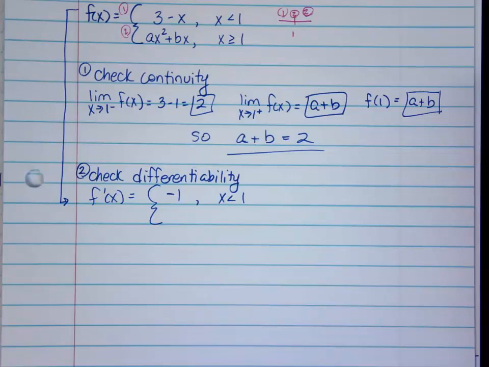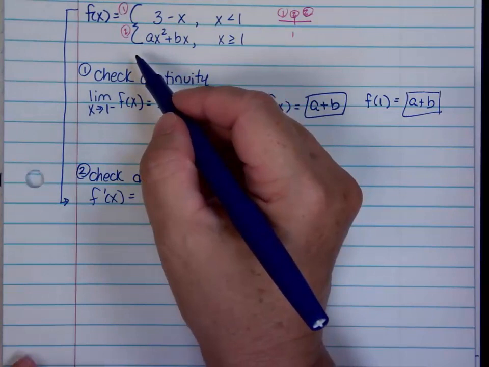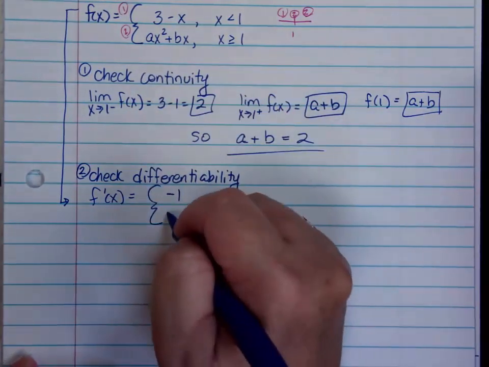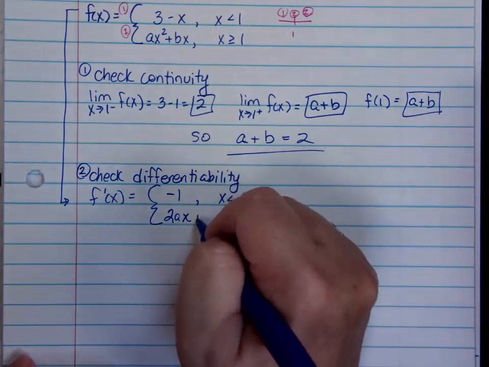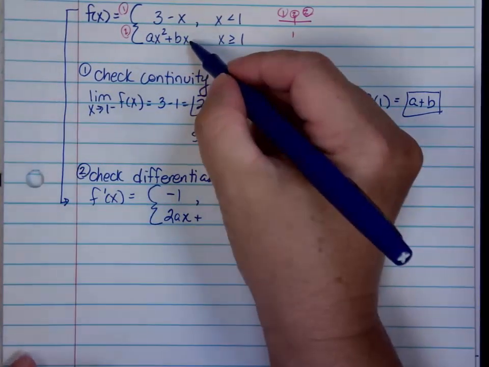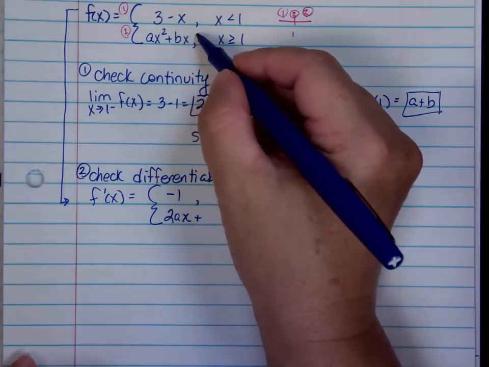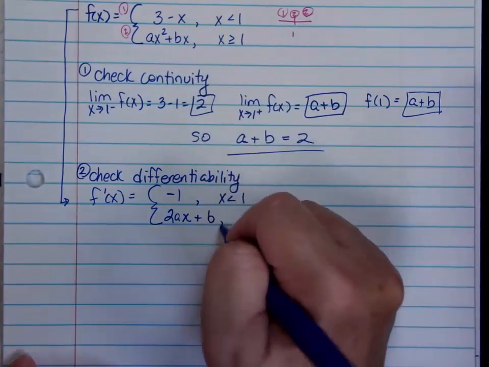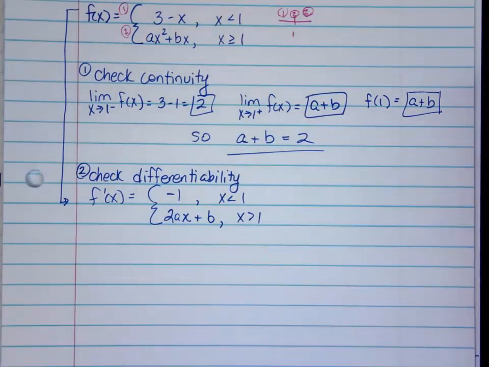Okay, the 2 comes down and multiplies to the a, right? And then x's power drops to 1 plus the derivative of this, that's a 1 on the x, so that's bx to the 0, right? Just b. Y'all did great. Greater than 1. Not greater than or equal to, just greater than.